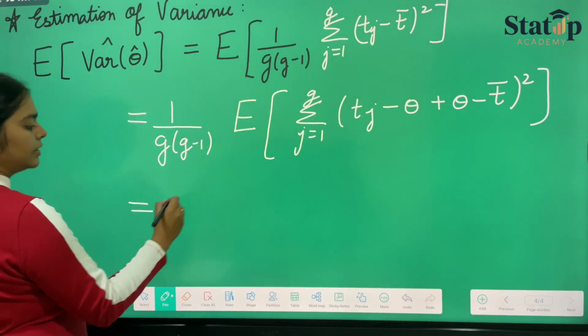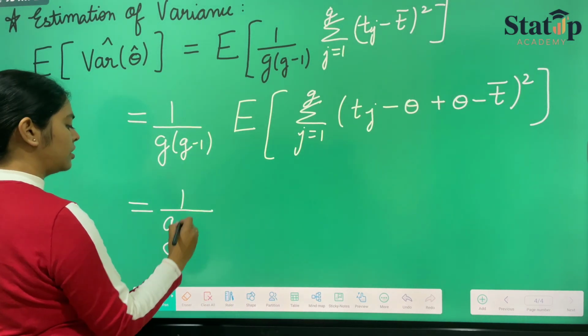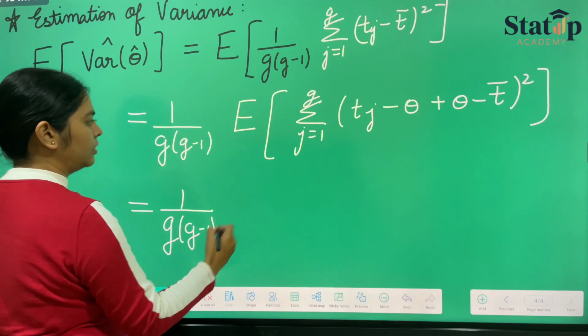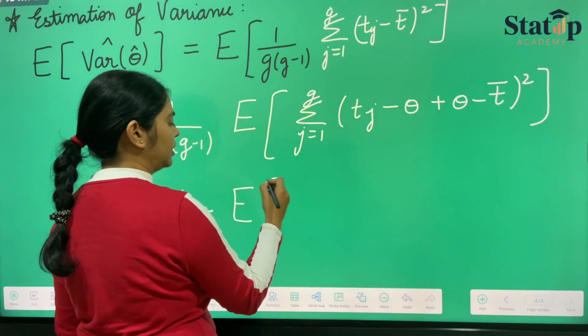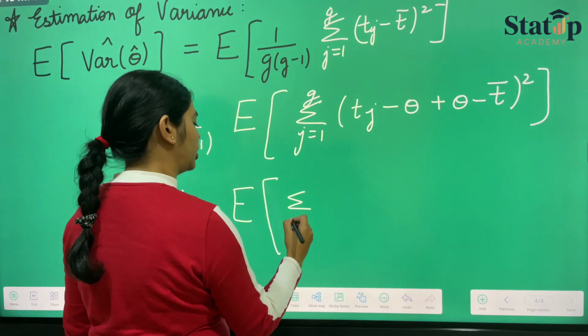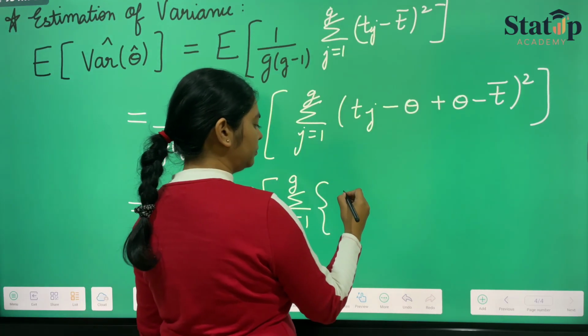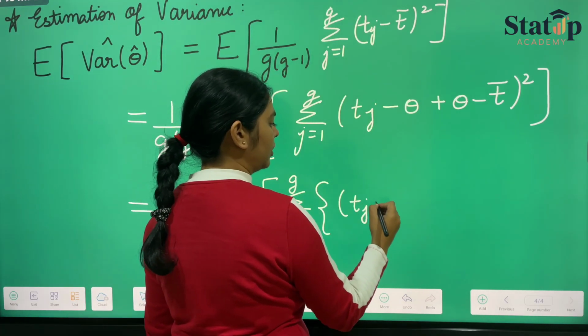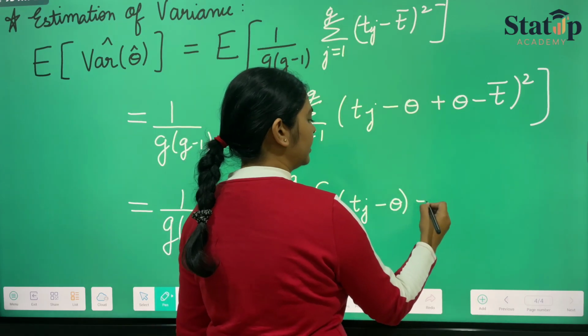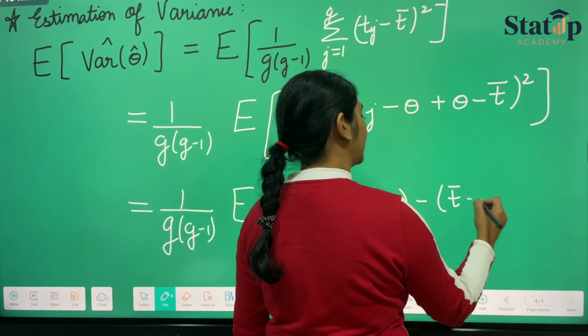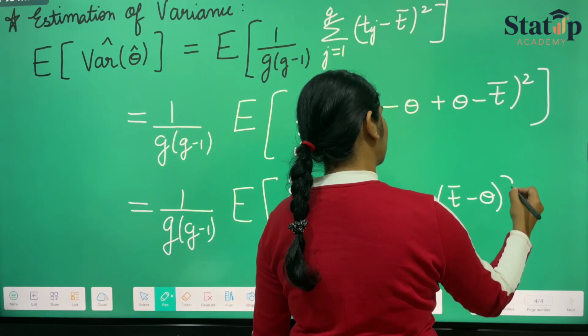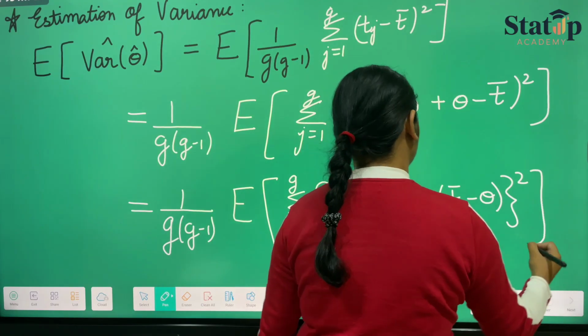So the next step would be rearranging the terms. 1 upon g minus 1, expectation of summation j goes from 1 to g. First of all, we'll take tj minus theta and then minus t bar minus theta whole square.